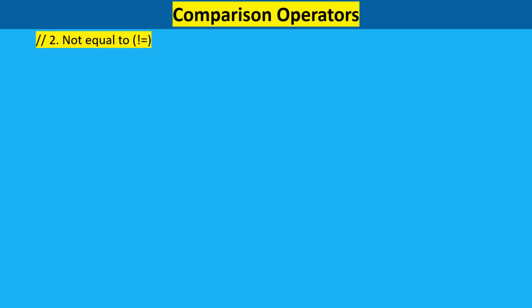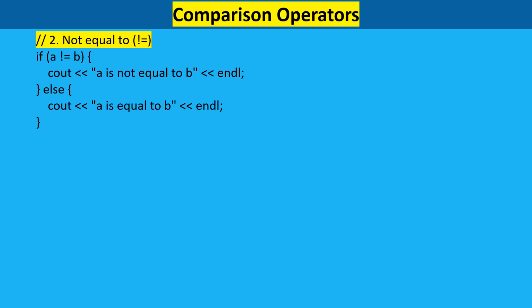Not equal to. If a is not equal to b, this operator checks if the value of a is not equal to the value of b.